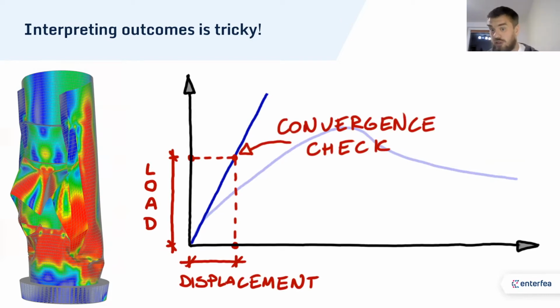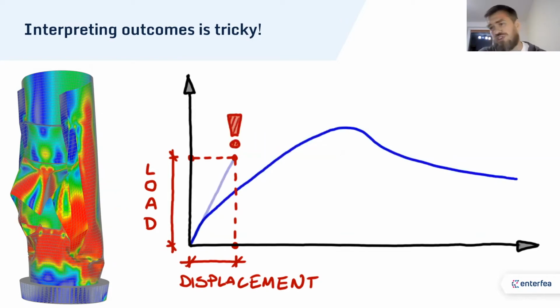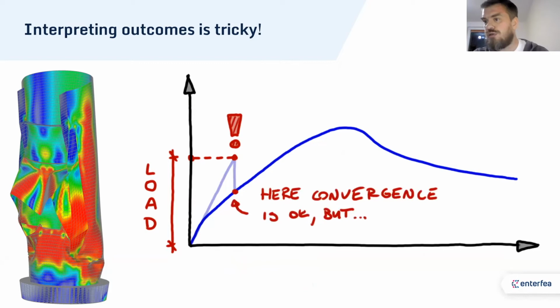But our problem is nonlinear. The solution we assumed was linear. It doesn't work, right? So it will show, you're stupid, this outcome is stupid, life has no meaning. And you basically start to cry. But the solver doesn't give up that easily. The easiest way it can do is it can reduce the load to find where the model would be in equilibrium again, right?